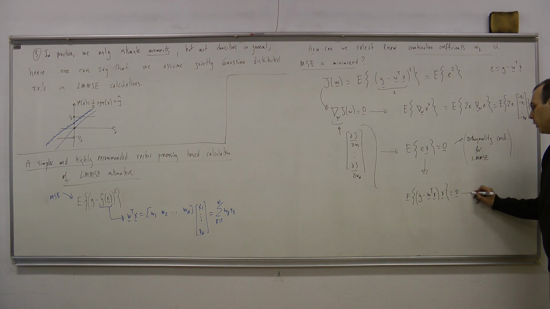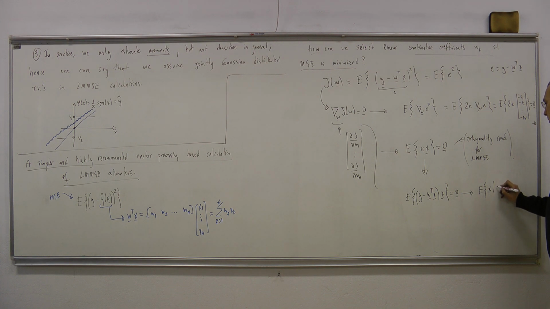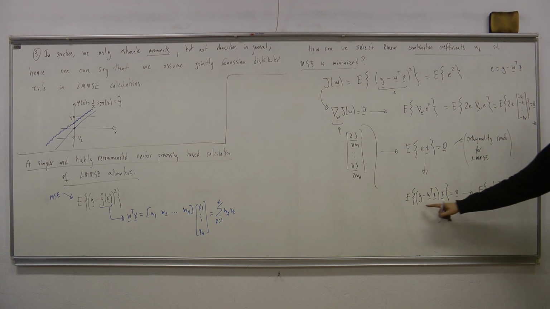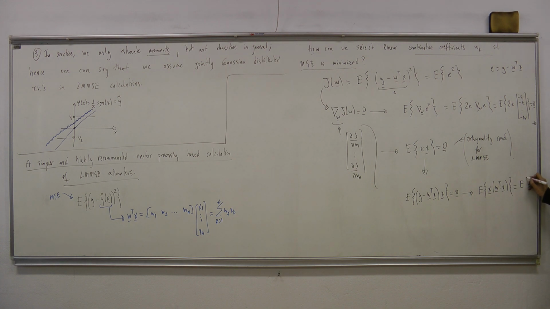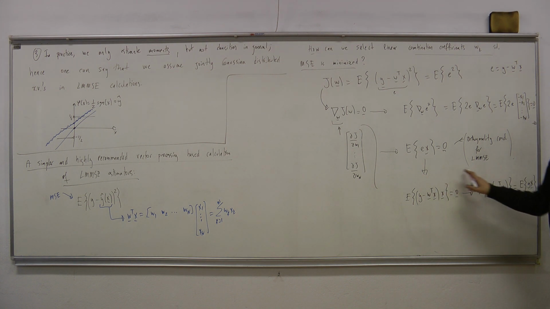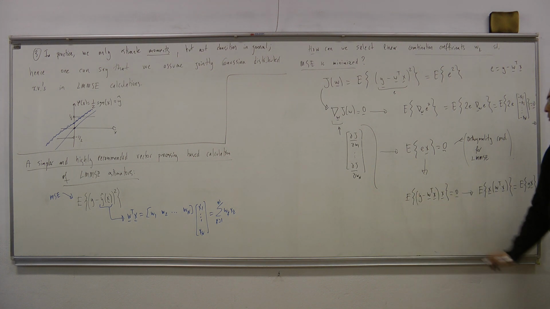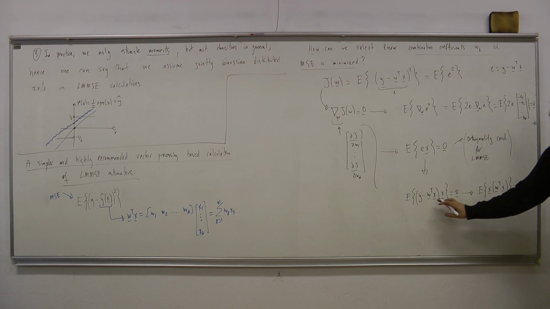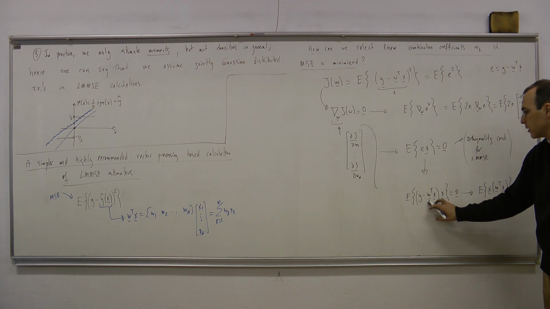Now if I do this, what do I have? I have the expected value of x w transpose x. I will explain a little bit later. This is the expected value of yx. So this part is easy. Y times vector x is moved to this side, to the left side of this equation. On the other side, I have this x vector times a scalar.